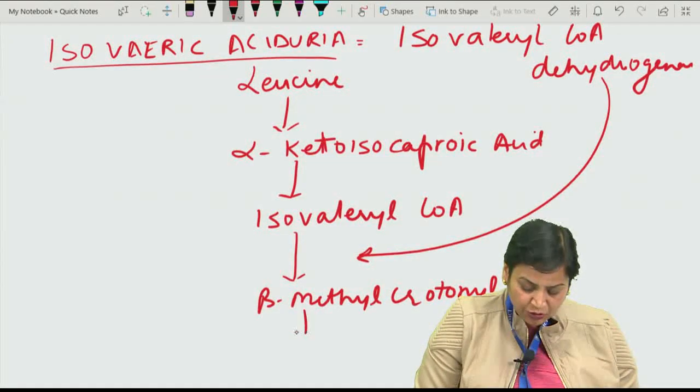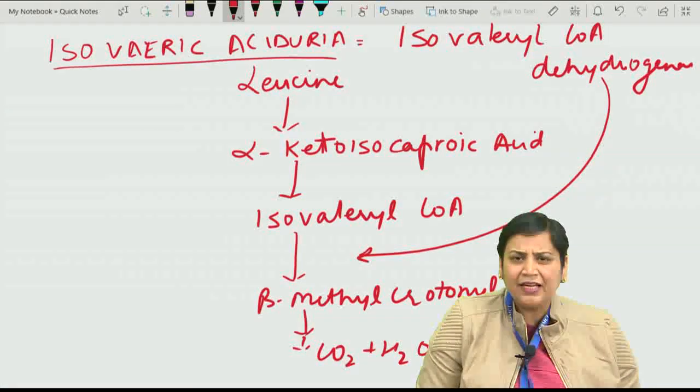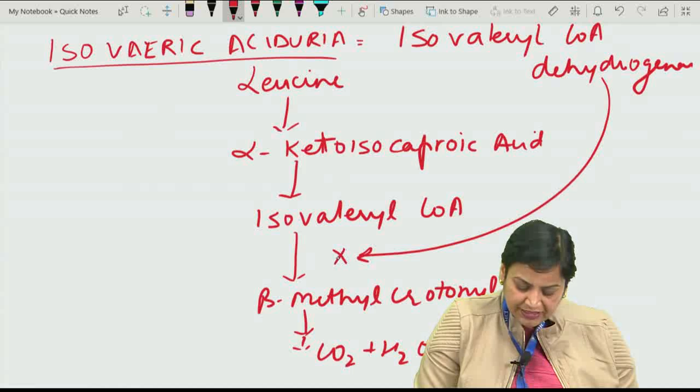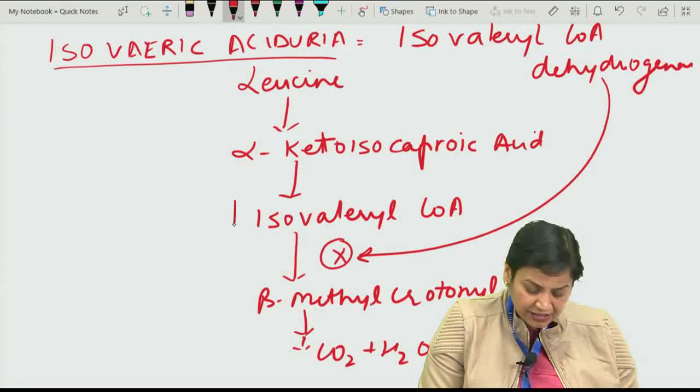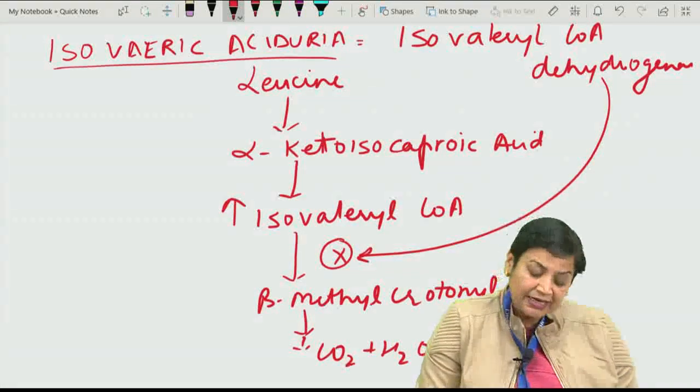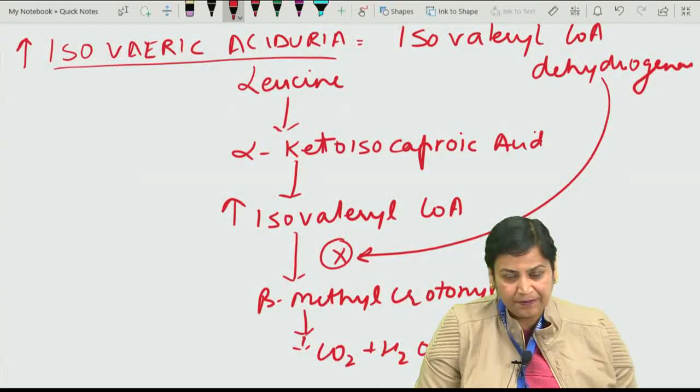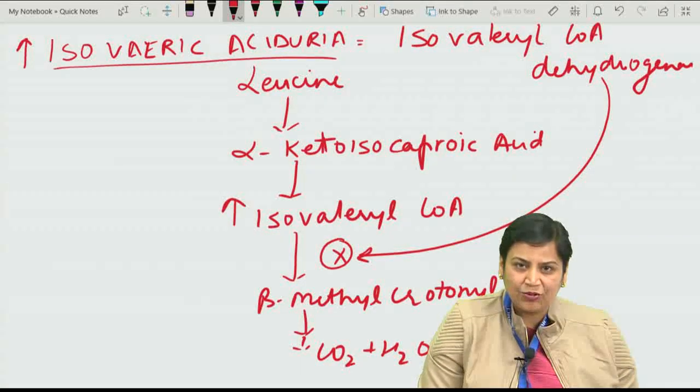And this beta methyl crotonyl CoA by different steps will be finally degraded to form carbon dioxide and water. Now deficiency of this enzyme will lead to what? Accumulation of this isovaleryl CoA, leading to excretion of this isovaleric acid in urine, causing isovaleric aciduria.